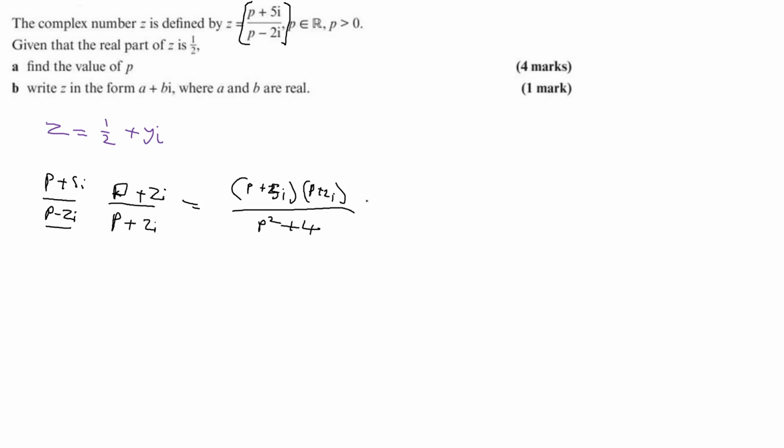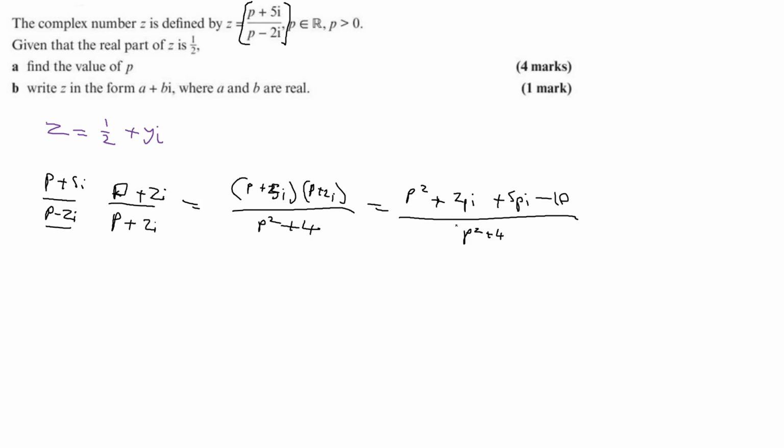And then we can expand the top to give us p squared plus 2pi plus 5pi minus 10 all over p squared plus 4. Okay.